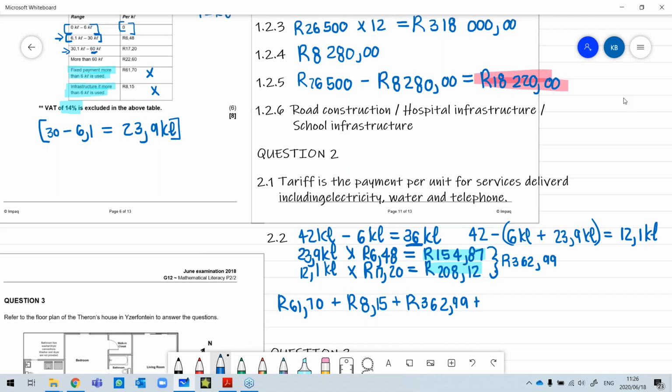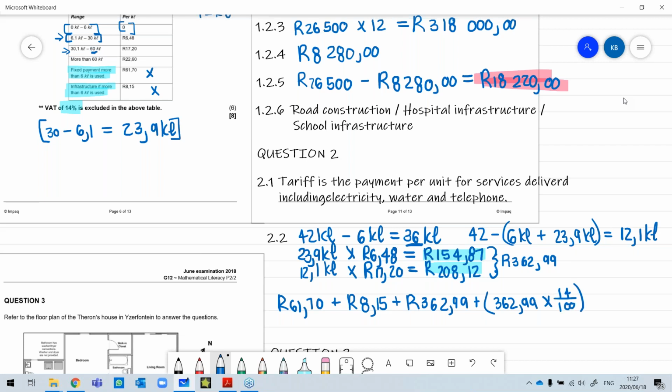So for the purpose of the memos and questions still being relevant, we are going to continue to use 14% for this paper, but in future for 2019, 2020 and the papers after that, please use 15%. So 362 Rand 99 cents multiplied by 14%.